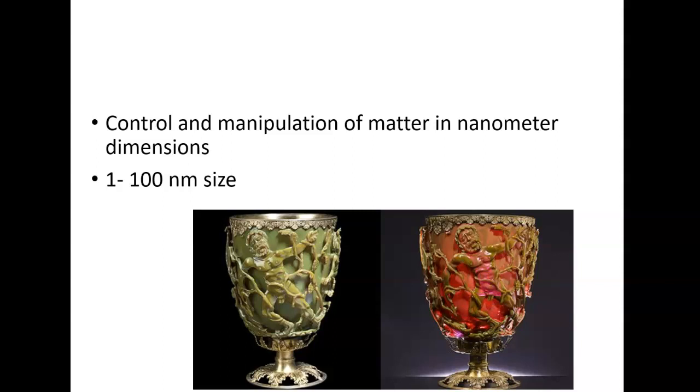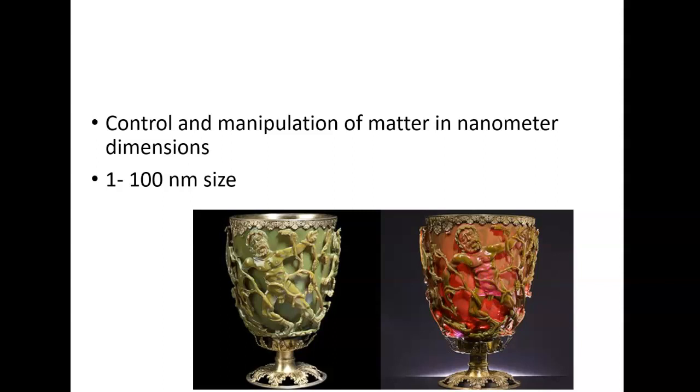So in many products that you use, there will be nanomaterials. There is a particular memory enhancement medicine given in Ayurveda, Saraswatarishtam, which uses colloidal gold in its preparation. In this figure, you can see a cup having two different colors. This is due to the presence of a particular nanoparticle, the gold nanoparticle.